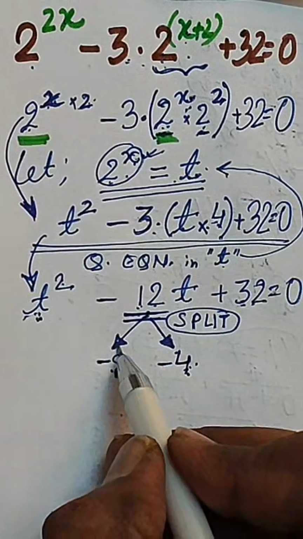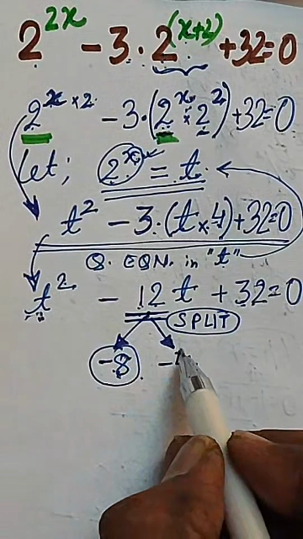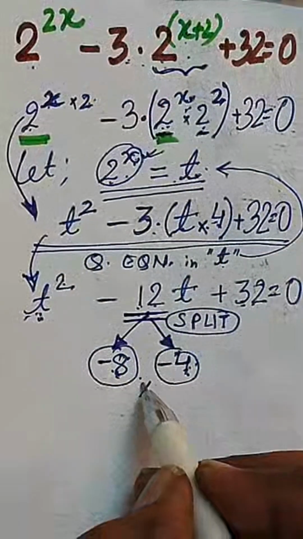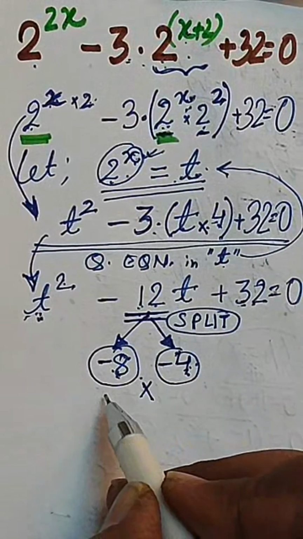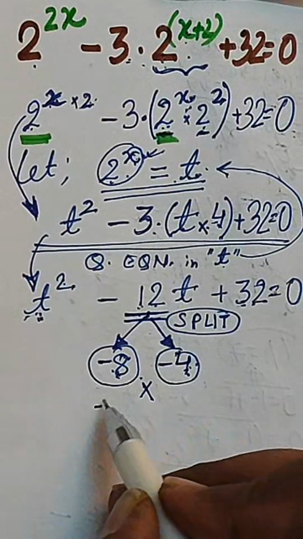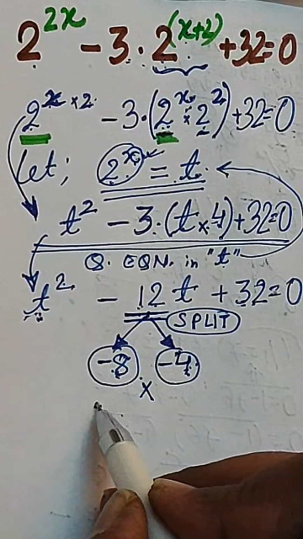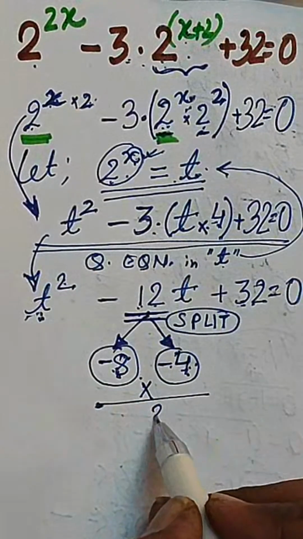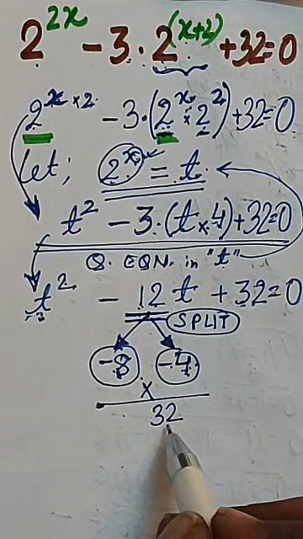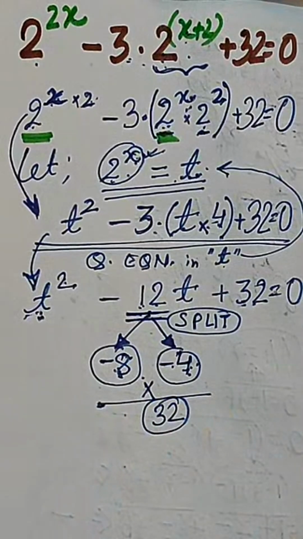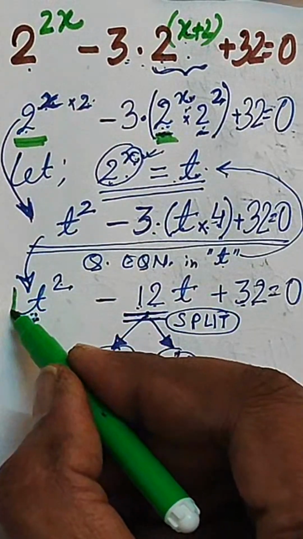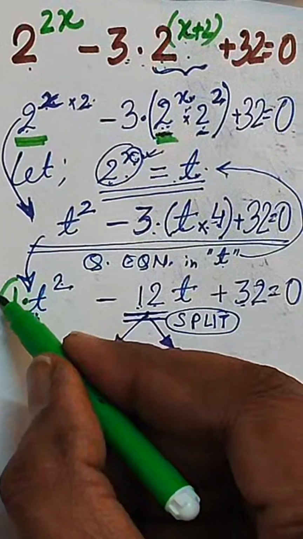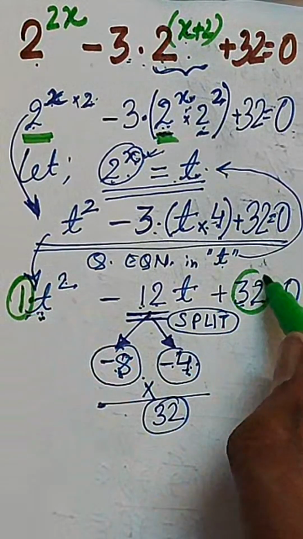And you multiply minus 8 with minus 4. When you multiply it, minus 8 into minus 4 will be minus times minus, plus, and 8 into 4 will be 32. And 32 is nothing but the product of the coefficient of t square and the constant.